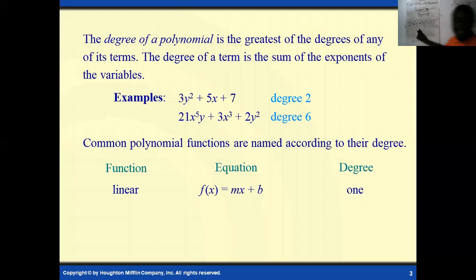The leading degree here is 6. Very good, Edun. This one is 5. These ones are together. You will not add it. You know, this one is y. There is a 1 there that is not showing. So the leading degree is 5 plus 1, which equals 6. So the leading degree is 6.